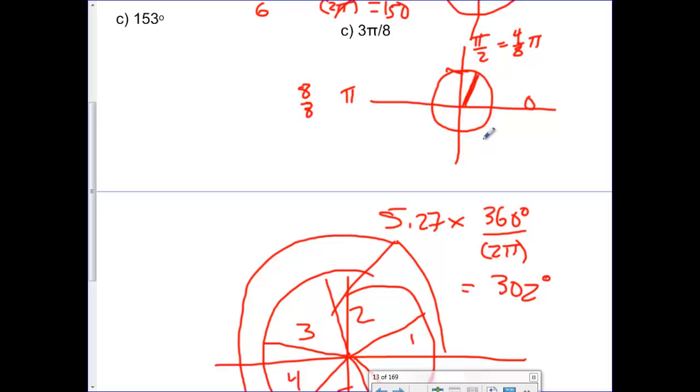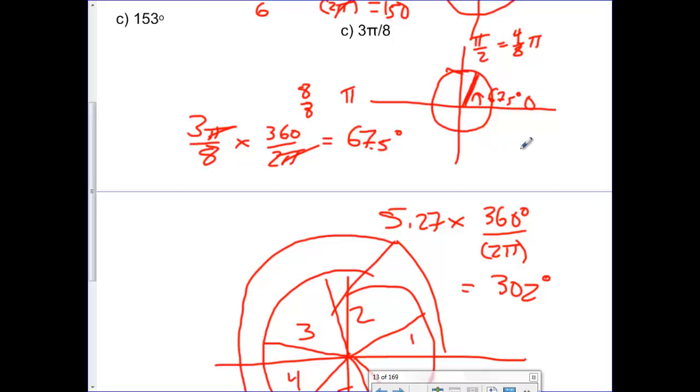Does that make sense? So I know this should be less than 90, because 4/8 would be half, but this is only 3/8. So then 3 pi over 8 times 360 over 2 pi. Pi should cancel, and I believe you get 67.5 degrees, which hopefully makes sense.